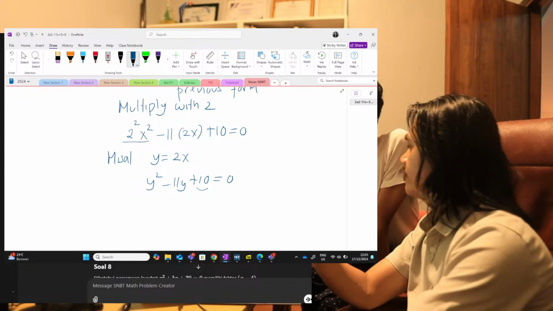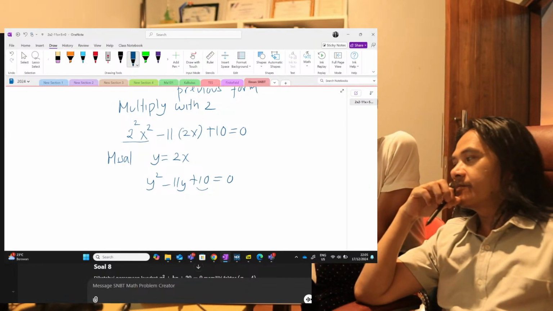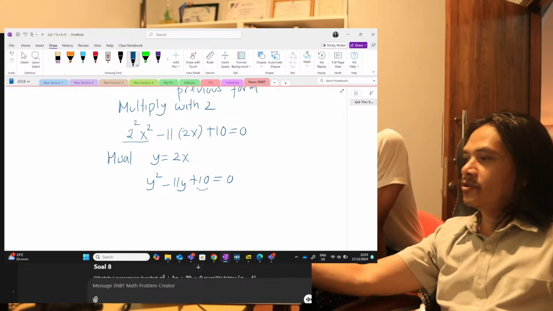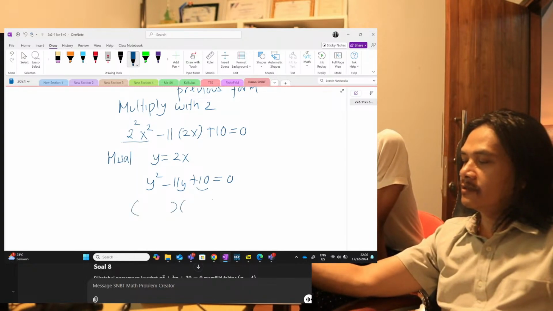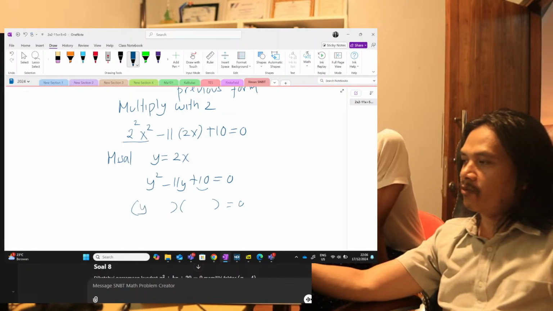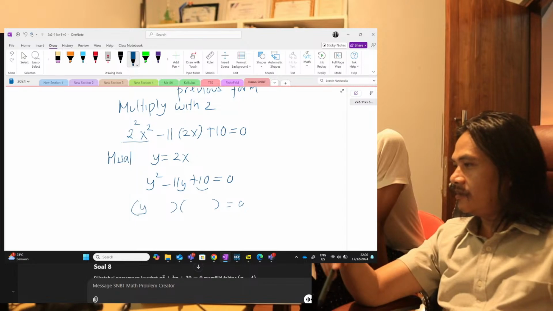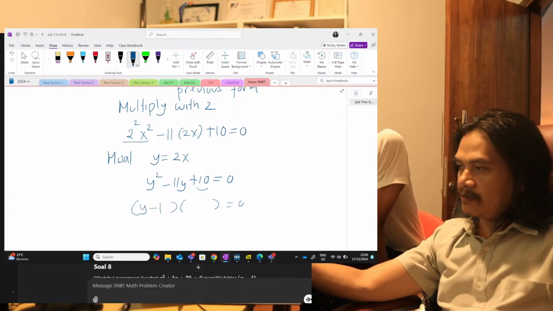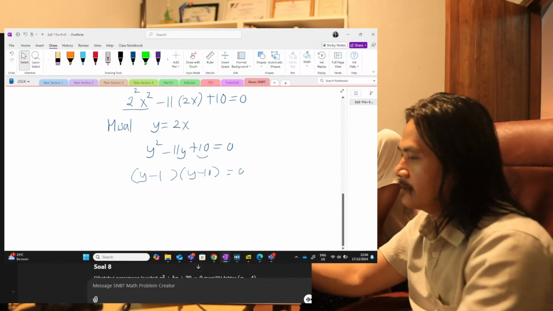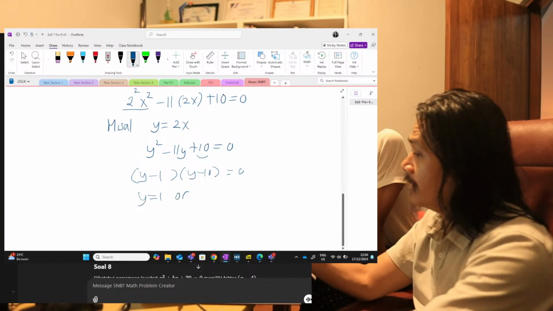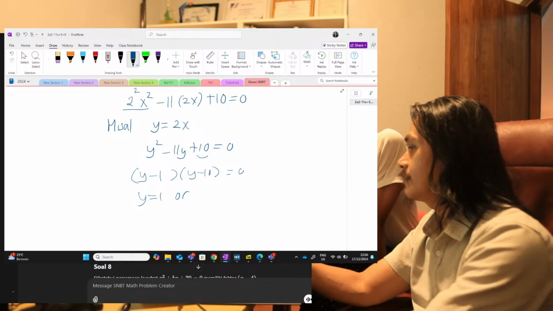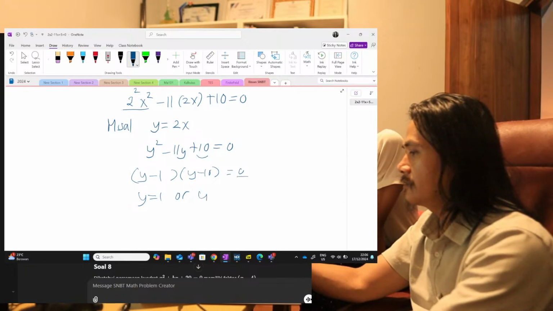Yes, because multiplied they give 10 and added they give negative 11. So the factors are y minus 1 and y minus 10. So y is equal to 1 or 10. Or means you just need to satisfy one of them to make this equal to 0.